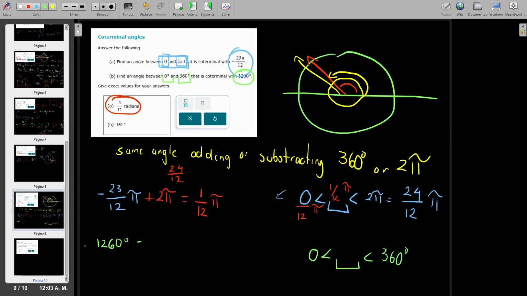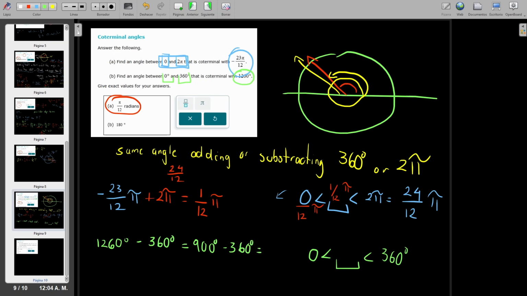So is this number bigger than this one? Yes, so we need to be subtracting 360 degrees. How much is this? It's going to be 900. Is 900 bigger than this one? Yes, so we need to be subtracting another one.